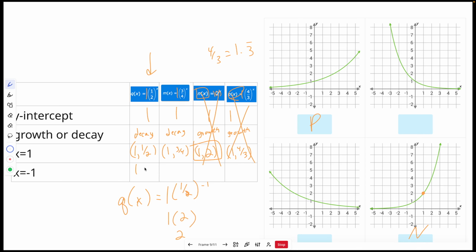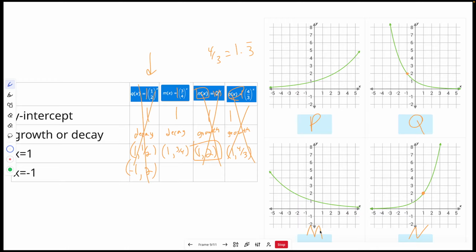So when I plug in -1, I get 2. And that should do it, because -1, 2, which graph hits -1, 2 exactly? It has to be this one, okay? And so this is Q, and by process of elimination, this has to be M.